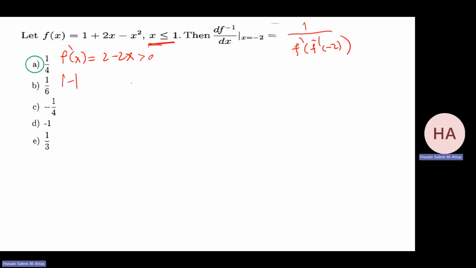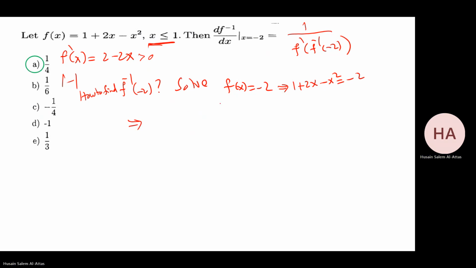So now how to find f inverse of minus 2? Solve f of x equals minus 2. So we get what? 1 plus 2x minus x squared equals minus 2. That means what? x squared minus 2x minus 3 equals 0, correct?